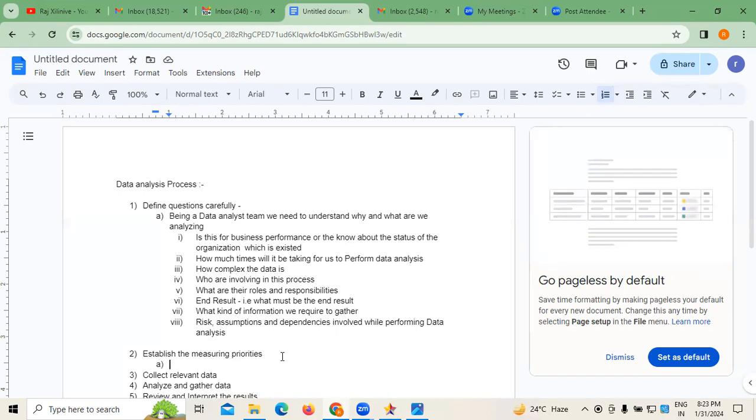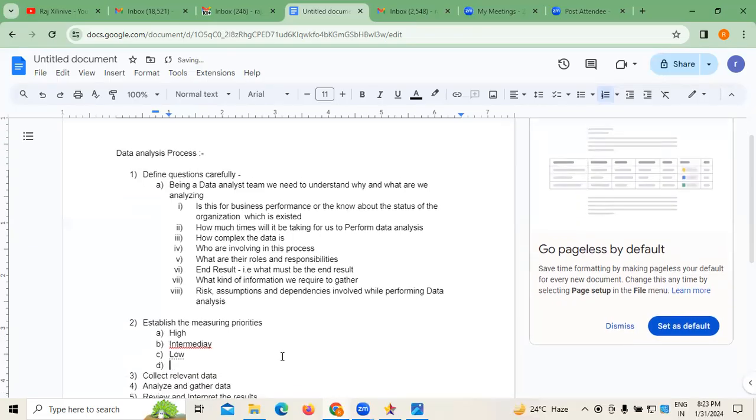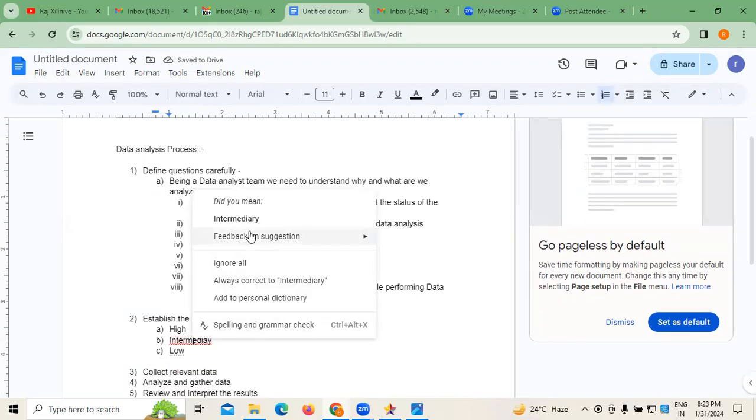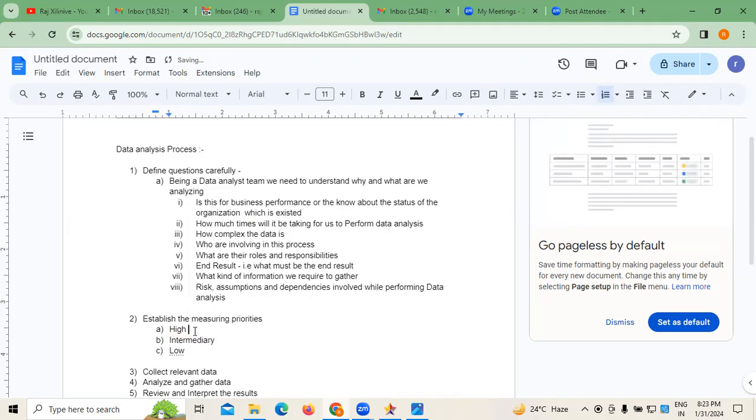That's the reason why this will be categorized into high, intermediary and low. This is how we generally do priority. So whatever data is required in reference to high priority is what we do. Do remember, this is done in the background.